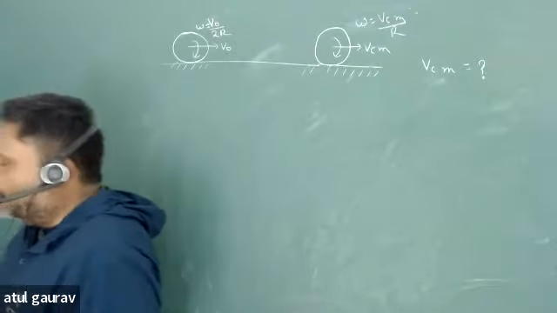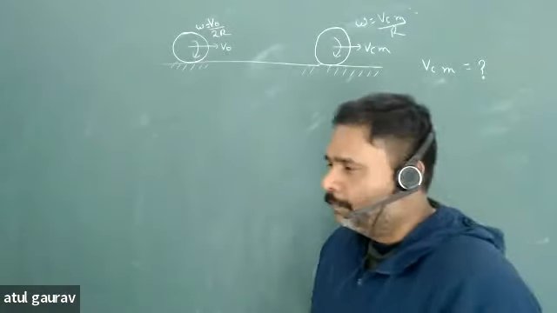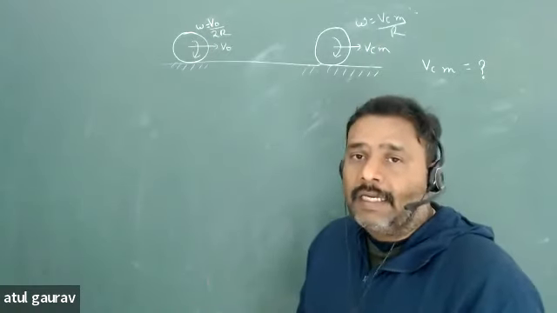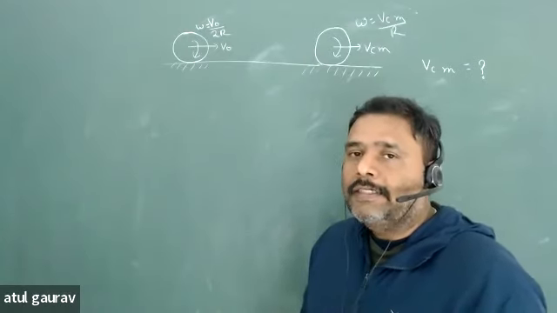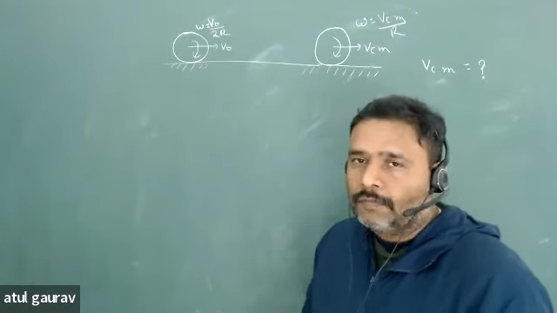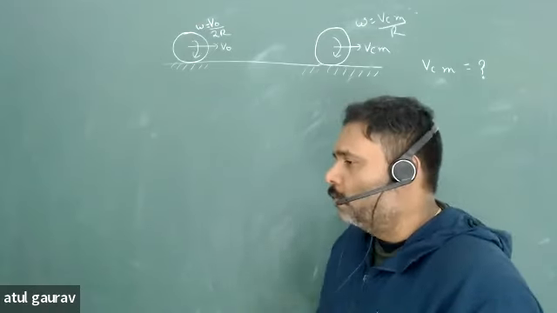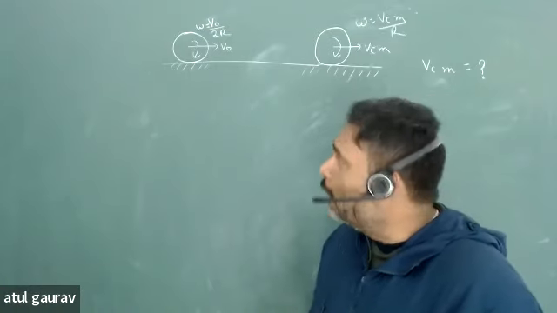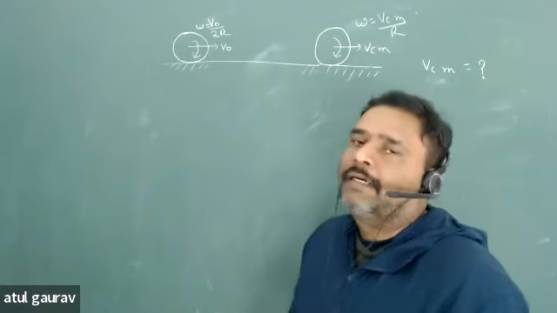Now, if you want to apply conservation of angular momentum, you have to choose an axis about which external torque is 0. Yes or no? Yes, sir. Now the whole challenge is that about which point external torque is 0.